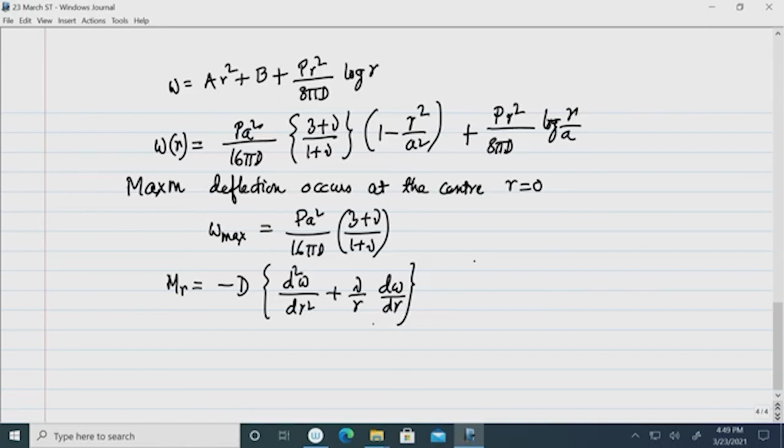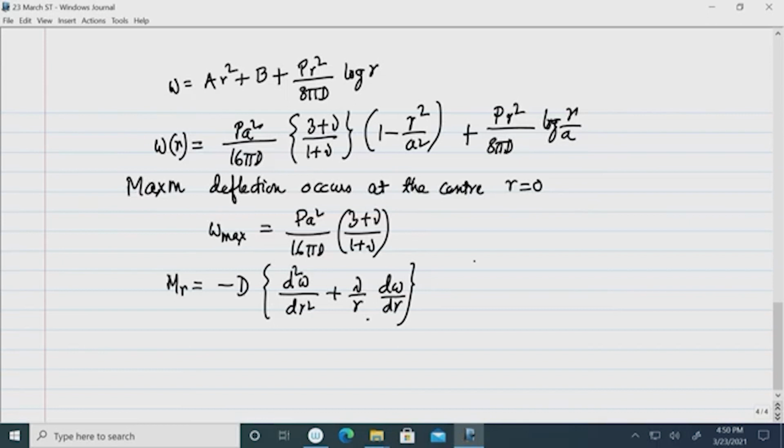So, you can see the maximum deflection occurs at the center, but when you find the second derivative and substitute this in this expression, you will notice that at r equal to 0, the bending moment does not exist, because of the discontinuity of the slope and curvature expression.